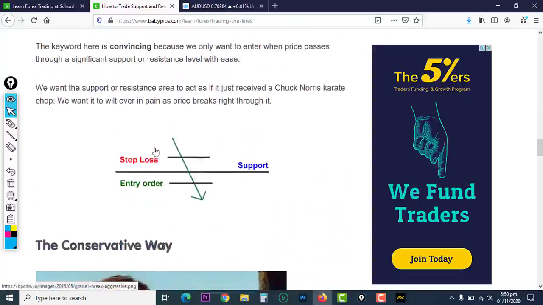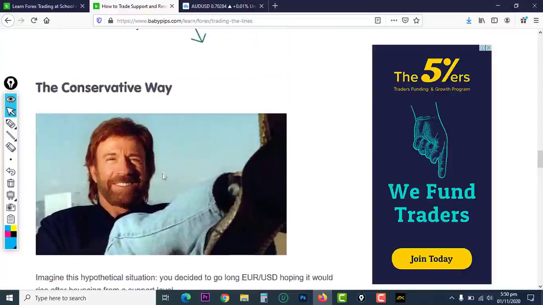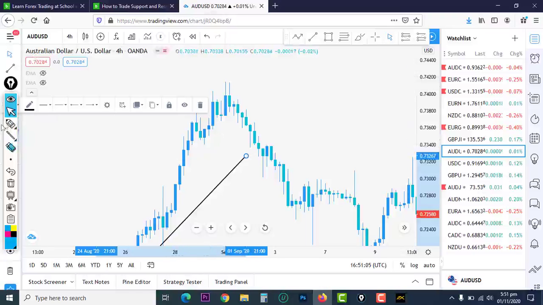However, the conservative way is that you find yourself when you enter into the market, right, and maybe you enter too early and prices start to rally back up to you. So let's say you entered the market right here, this candle, just look at this 4-hour candle only here. Okay, and what happened?